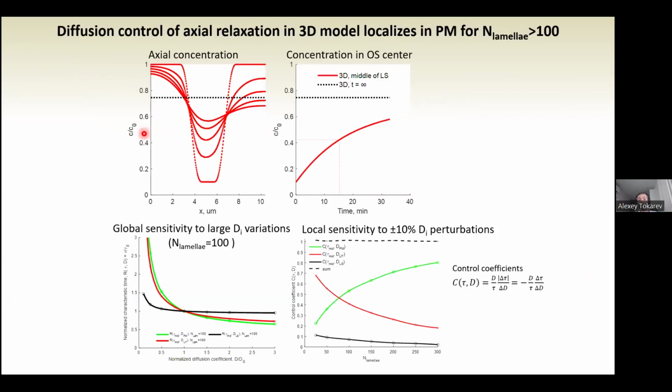And what's next? Next we can study the sensitivity of the system to perturbation of diffusion coefficients in different parts of this membrane. Here we have profiles of concentration in lamellae, in flat lamellar surfaces.